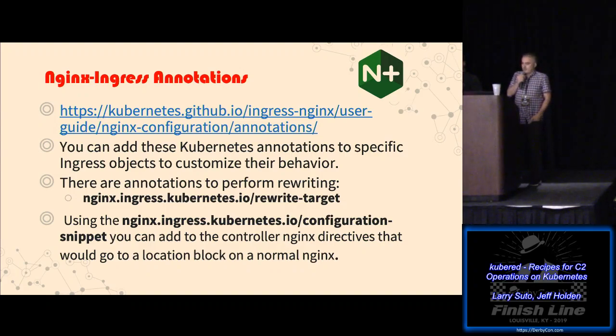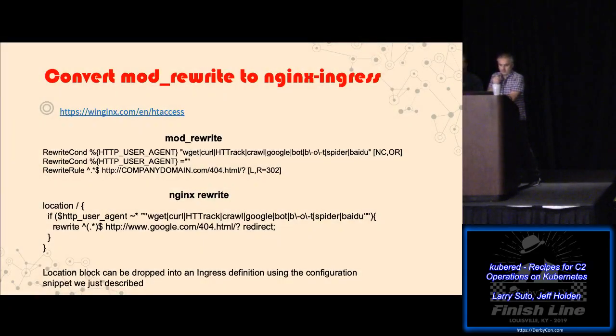Yeah, and these are the annotations in the ingress object, in the ingress definition or manifest as you call it. You have to reference this, and I'm going to show some examples, but just to point out that there are annotations to do rewrites and annotations to do what's called configuration snippets, which is how you specify rewrite and very specific Nginx directives.